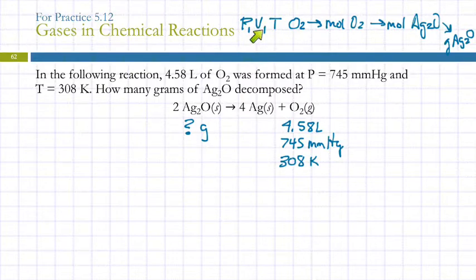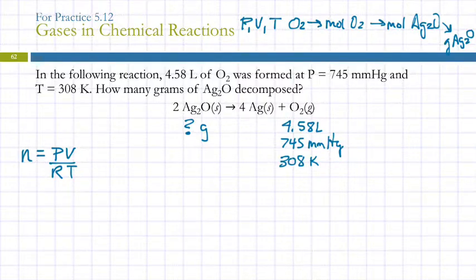To go from pressure, volume, and temperature to moles, we have to use an equation here. It's not just a conversion factor. This is not occurring at STP, so we have to calculate that. We take the ideal gas law and rearrange it, and we come up with n equals PV over RT, because we want to know the moles.